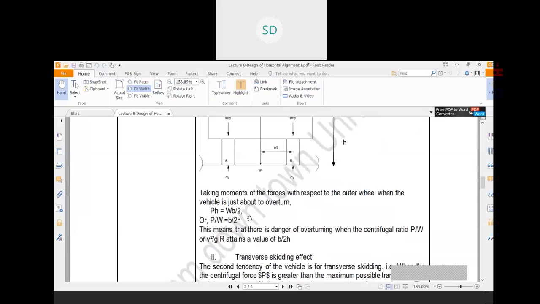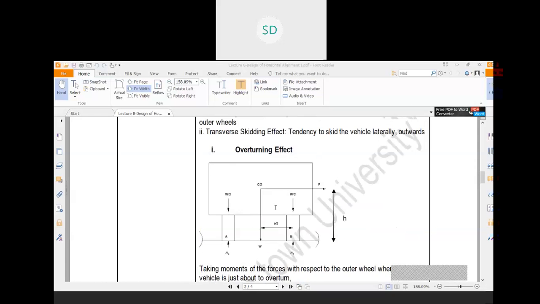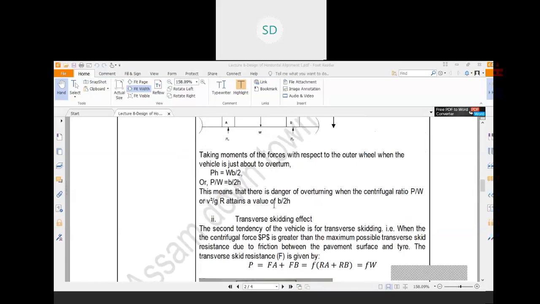Now let us consider the transverse skidding effect. What affects the transverse skidding effect? For the transverse skidding effect, similarly, you have to consider the things.